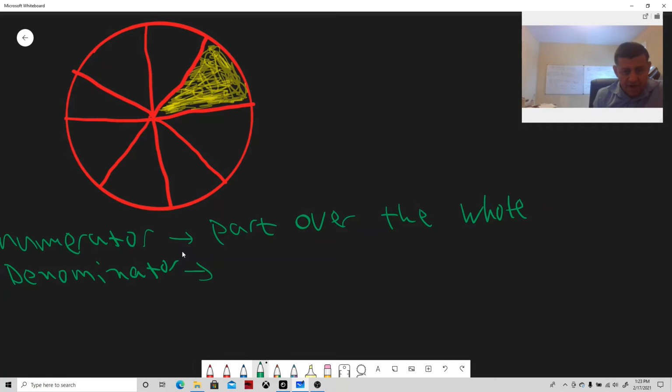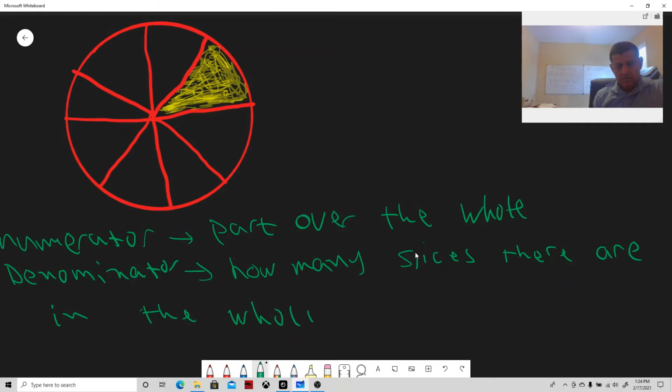The denominator represents how many, in this case we'll say how many slices there are in the whole, right?